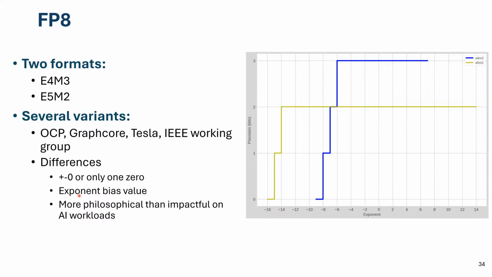So at that point, exponent bias really doesn't matter because you have a separate scale factor anyway. So that's why I make the comment that a lot of these differences are more philosophical than have a real impact on AI workloads. And that's part of the reason why the OCP group just got together and said, okay, let's just have a spec so we have something to write software for. But over time, we'll see what gets adopted mostly.